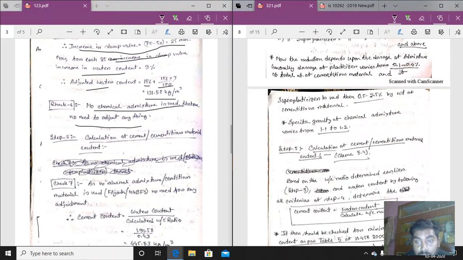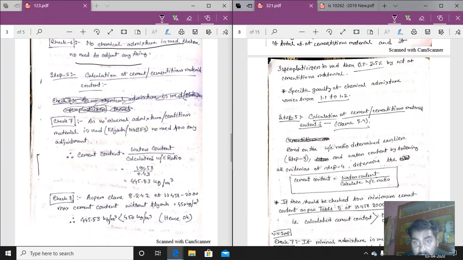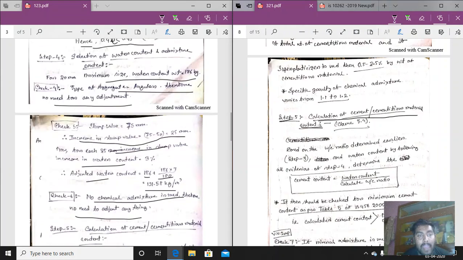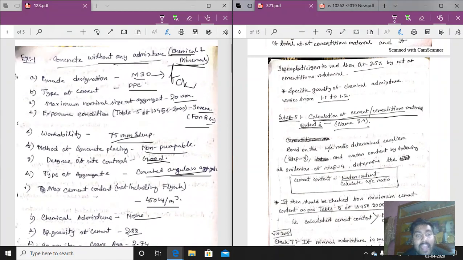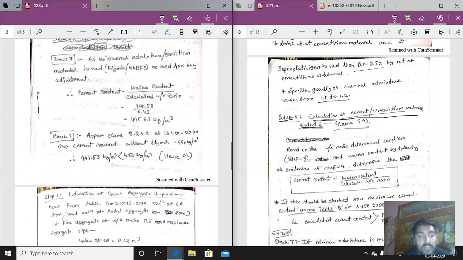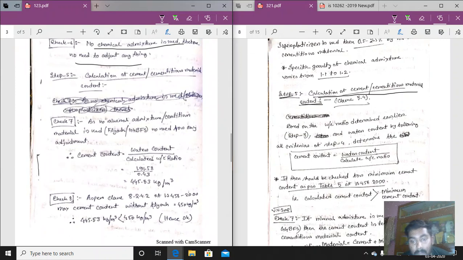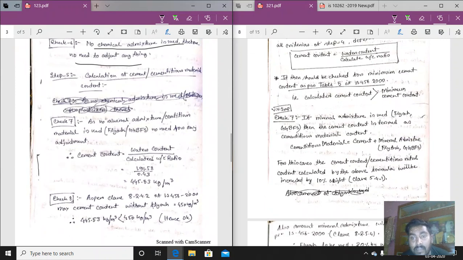Next, coming to step number 5. What is step number 5? Calculation of cementitious material content. Here it has been specified in the mix that there is no mineral admixture. Now check number 7 says if mineral admixture is used, then we have to apply this check.